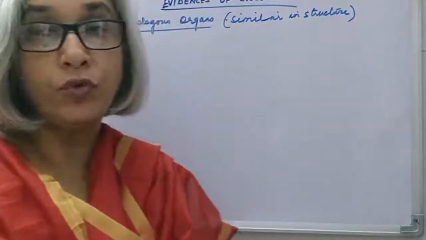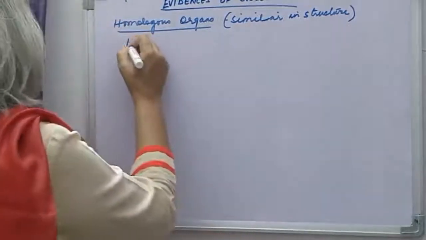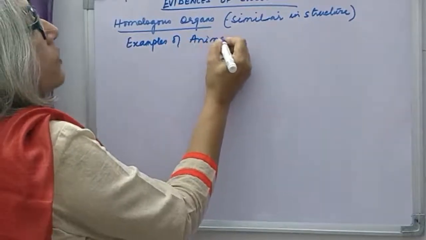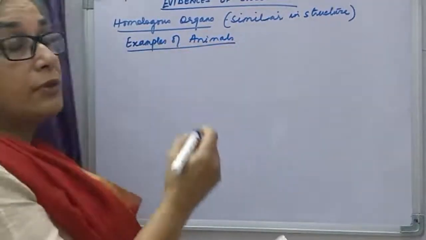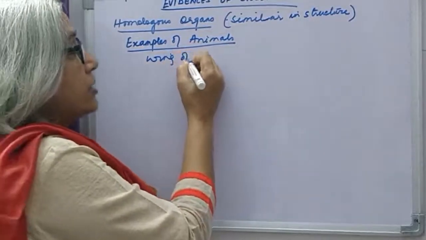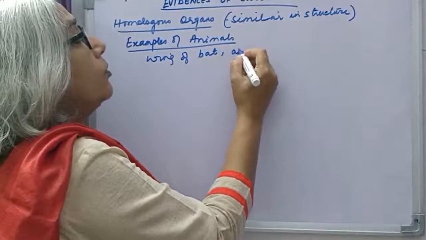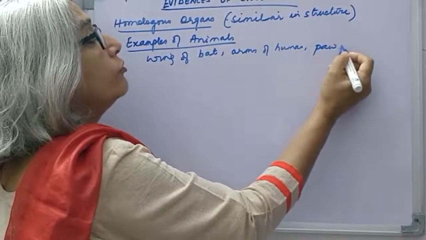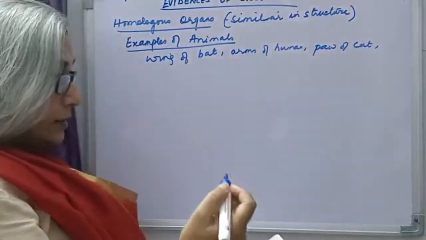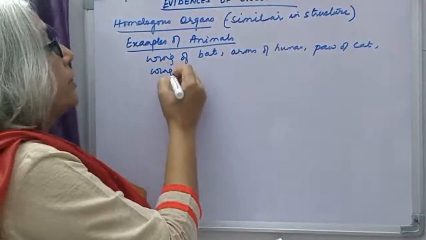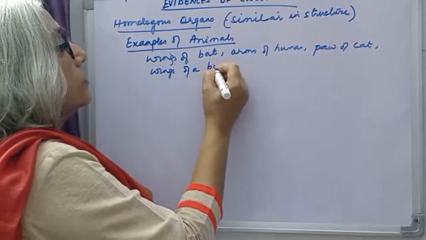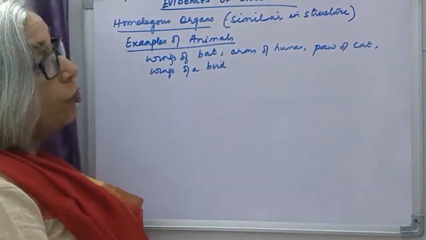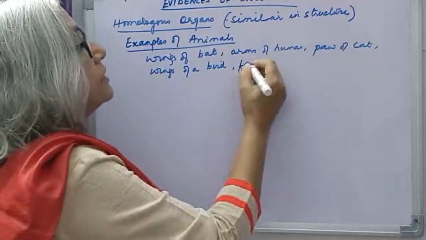Now, I said we have to do two examples from animals. So first we will do examples from animals. Now in this case we will take the examples of animals like wing of bat, arms of human, paw of cat, and even wings of a bird, and besides this we can take into consideration forelimbs of horse and flippers of seal.